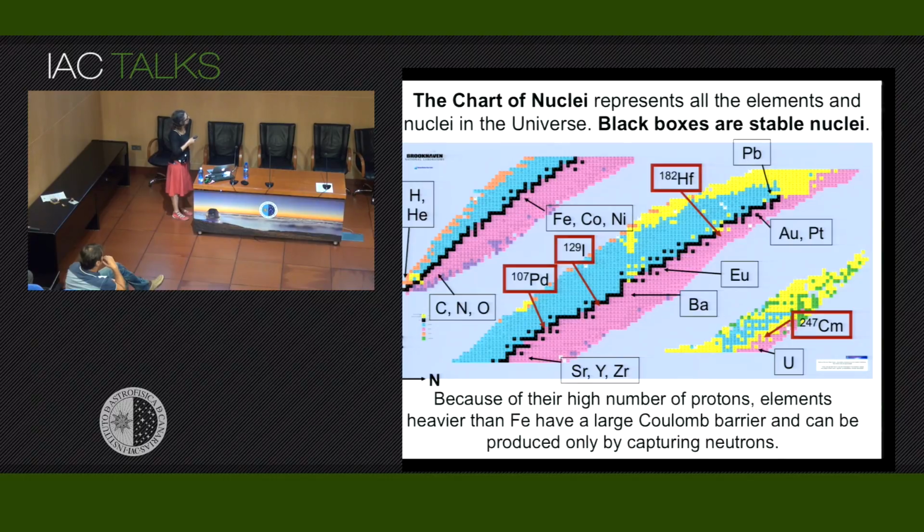So when I go up vertically, I change the element because I add 1 proton for each box that I go up. But then I also have information on the number of neutrons, so the isotopes of each element. So here, of course, I start with hydrogen and helium. These are the 4 little boxes here. They each have 2 stable isotopes.